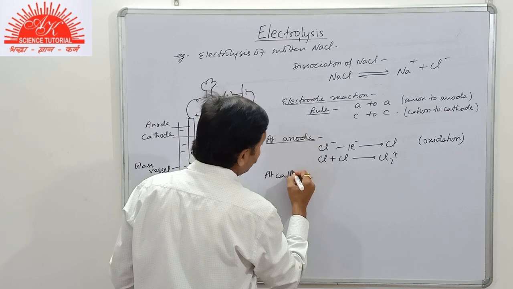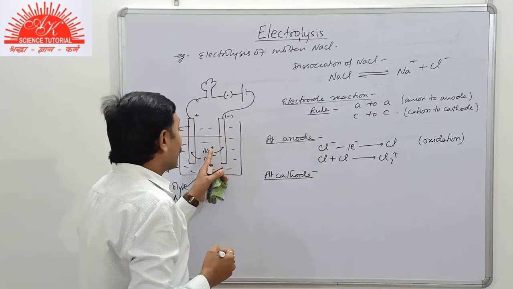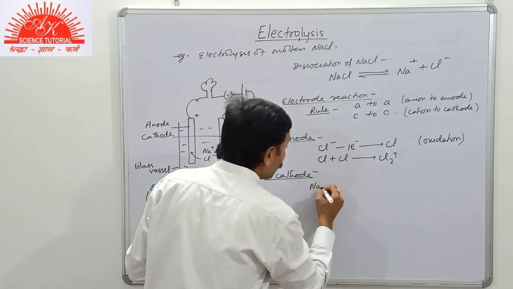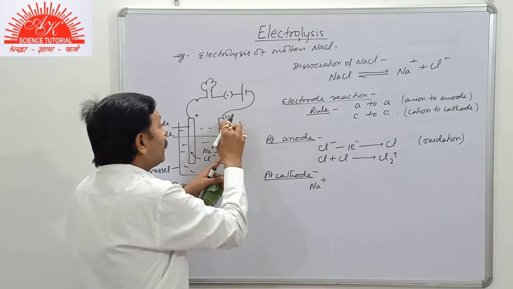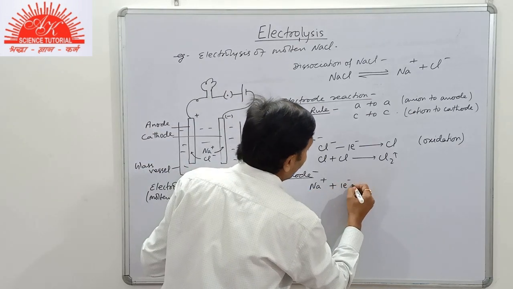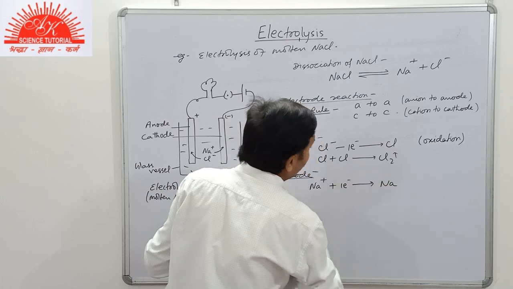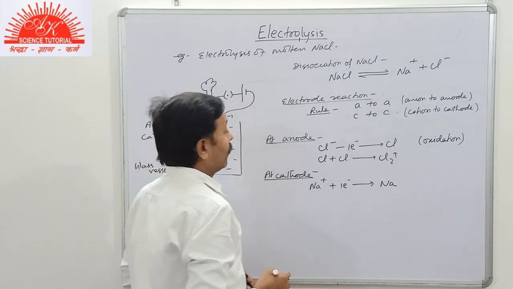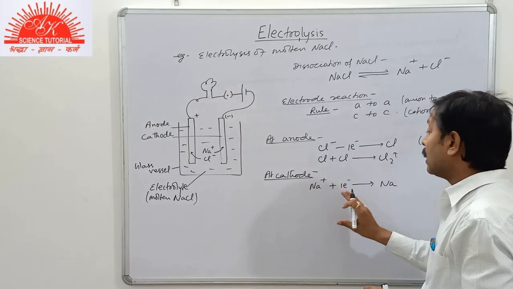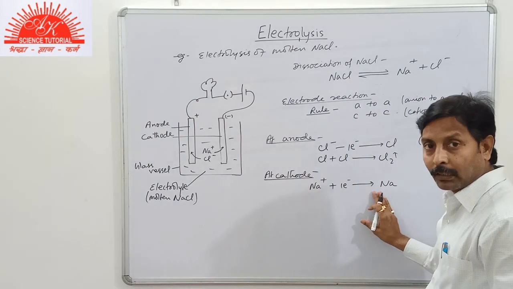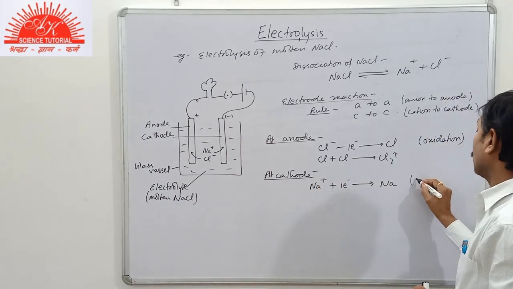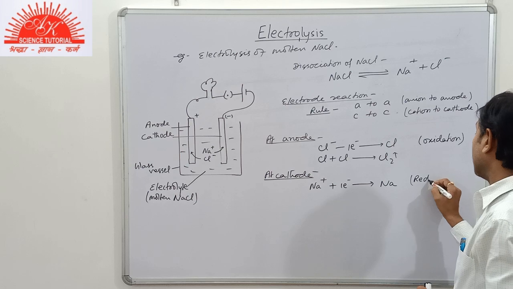At the cathode, the cation Na plus migrates towards the cathode, and from this negative electrode it receives an electron and changes to sodium. Now this is neutral. Again, since the charge is lost, this is called discharging. And again we see here is the gain of electron, therefore it is reduction.